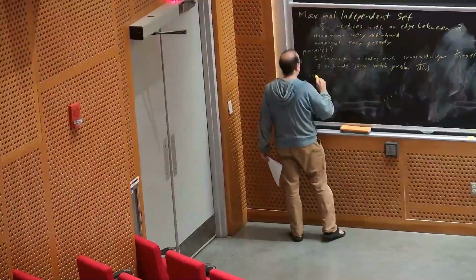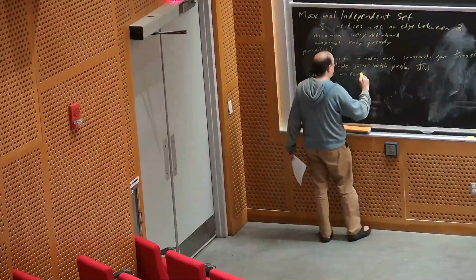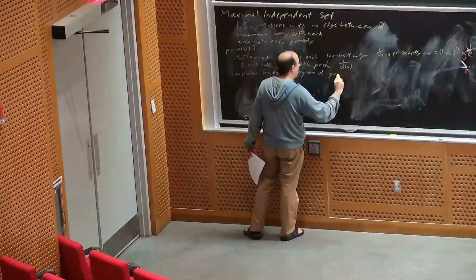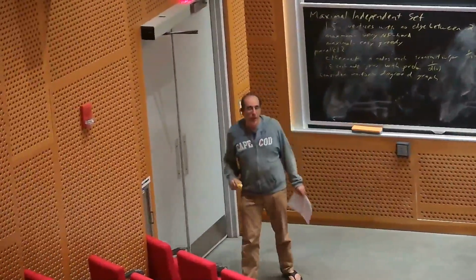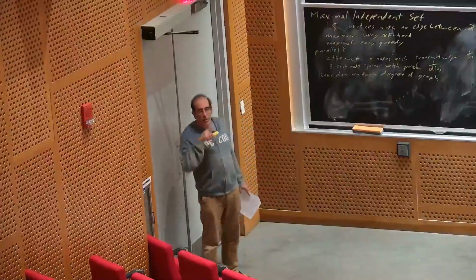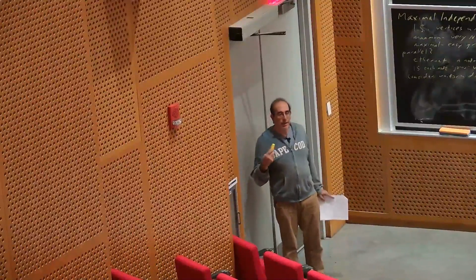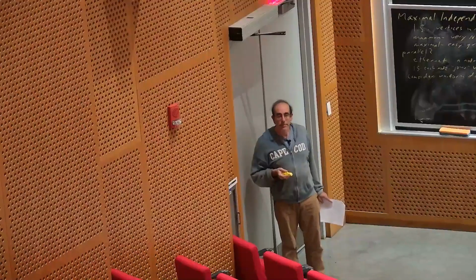Let's consider a uniform degree d graph. Okay? If you think about it, a degree d graph you can immediately conclude has an independent set of size about n over d. Why is that?